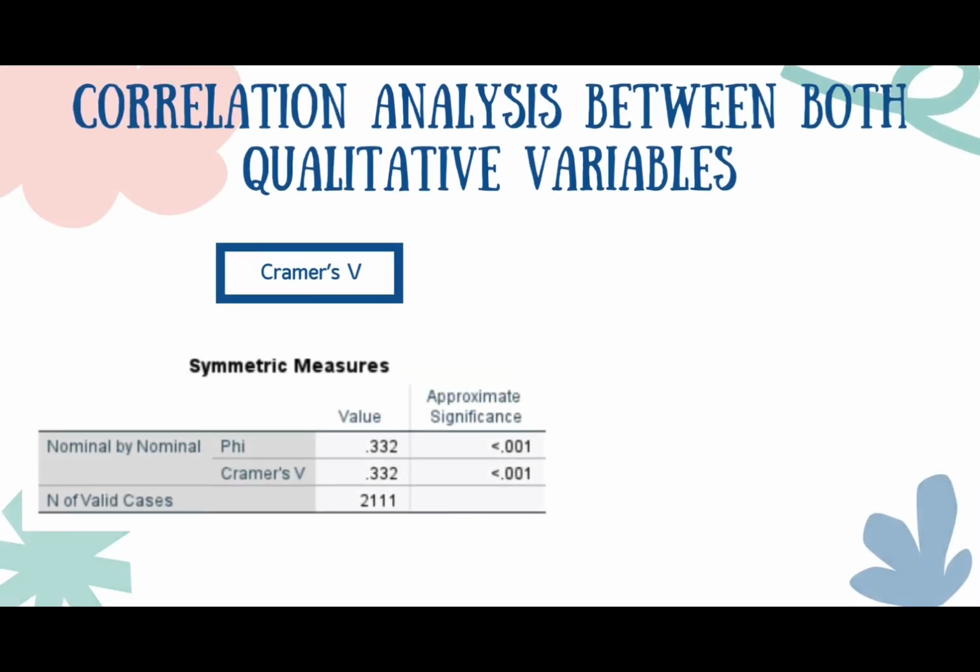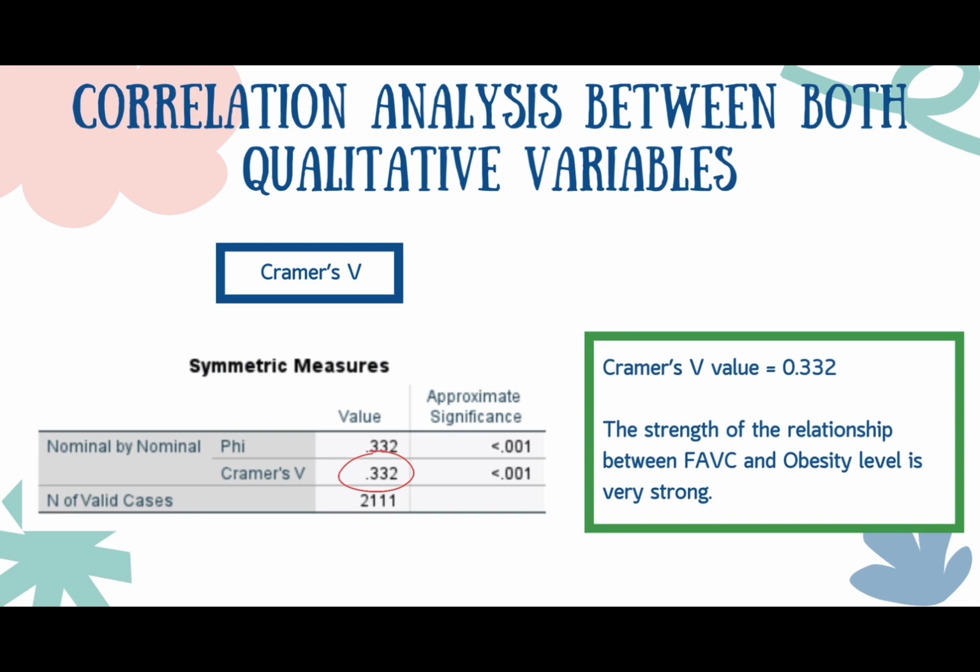Then we can measure the FAVC and obesity level relationship. As the contingency table for these variables is more than 2x2, thus Kramer's V value will be used to interpret the correlation. The Kramer's V value for the correlation is 0.332, which suggests that the strength of the relationship between FAVC and obesity level is very strong.